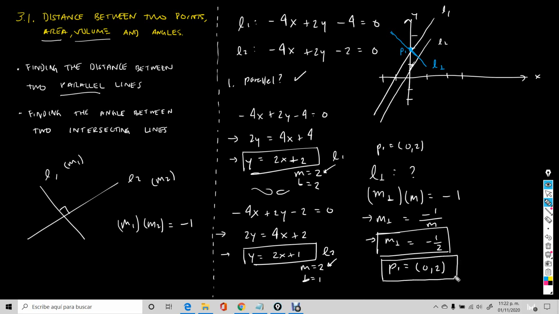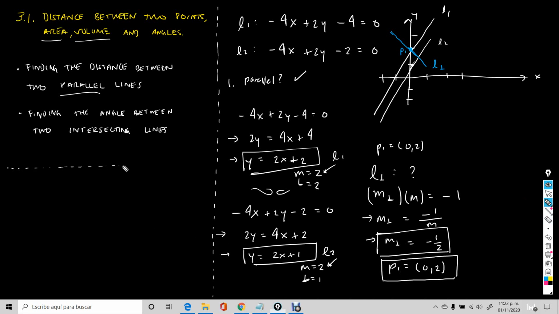Of course, because we know, if you remember, let me erase this thing. We know that if we know the slope of a line and one of its points, then we can use the point slope form of the equation, which was like so. Remember?